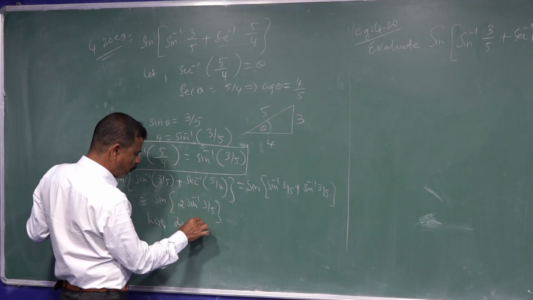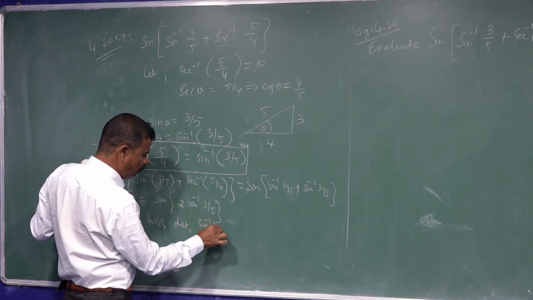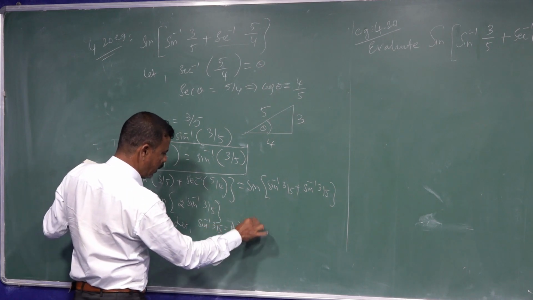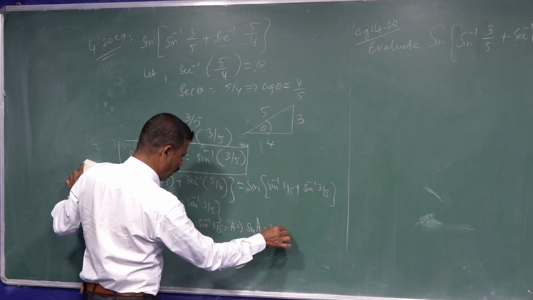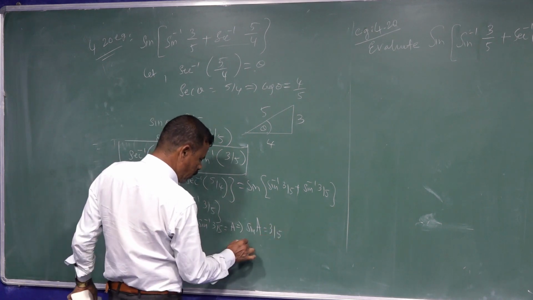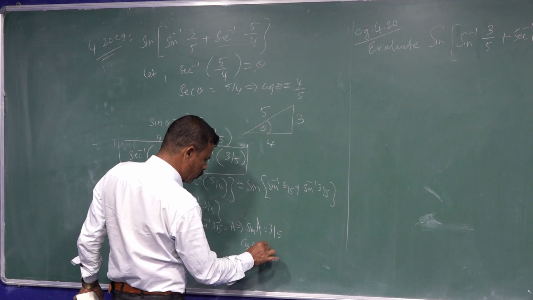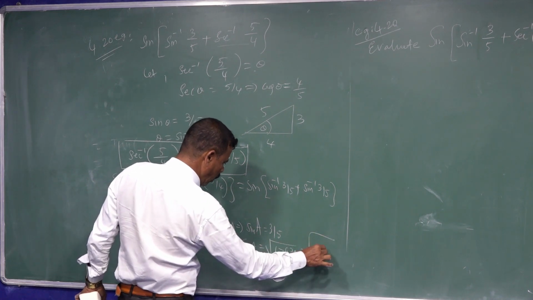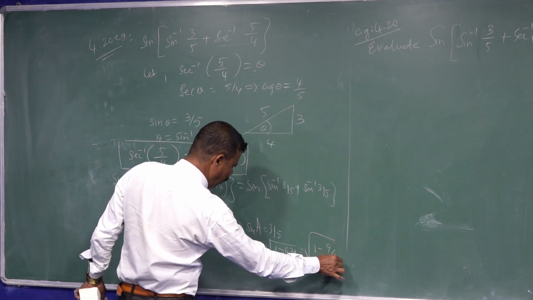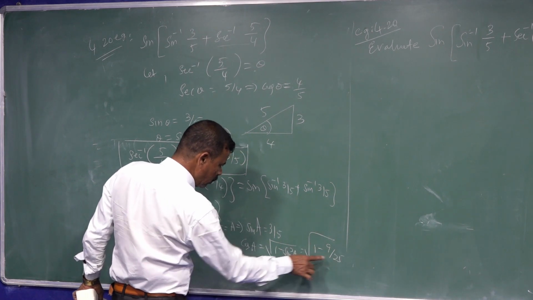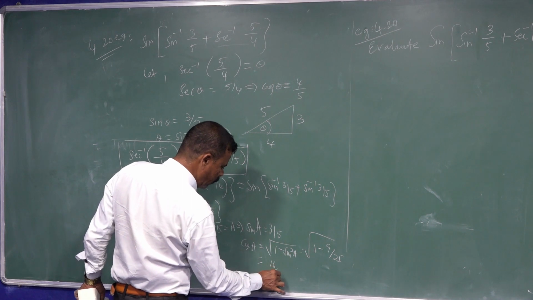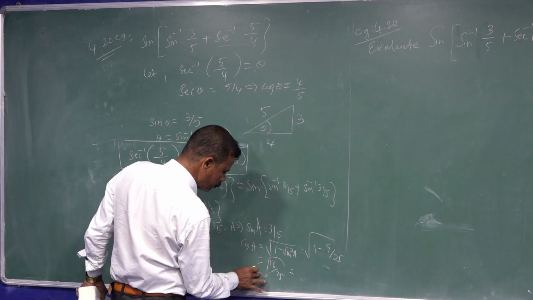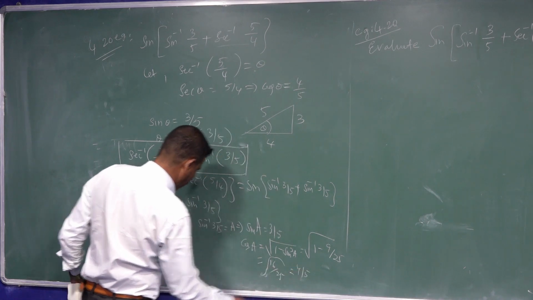Let sin inverse of 3 by 5 be taken as A, then sin A is equal to 3 by 5. Then cos A is equal to how much? Cos A is under root of 1 minus sin square A, under root of 1 minus 9 by 25, so 25 minus 9, 16 by 25 under root, which is equal to 4 by 5.